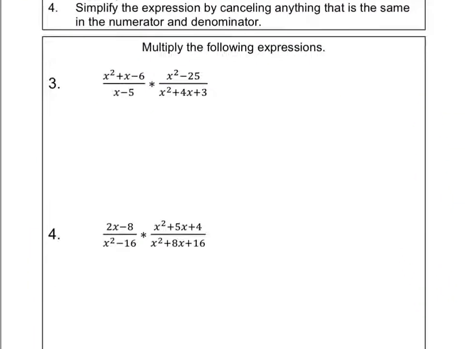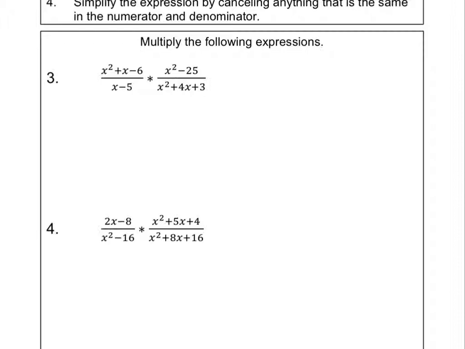So, first thing we're going to do here, example number 3, we're going to factor everything. I'm going to shortcut this a little bit. Factors of -6 that add to +1 are +3 and -2. So this is x plus 3, x minus 2, over x minus 5, which can't be factored, so it's going to stay the same, times x squared minus 25.